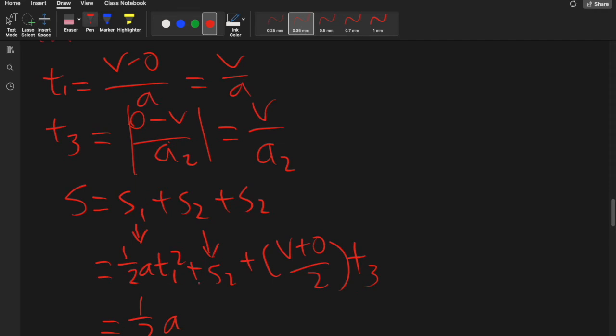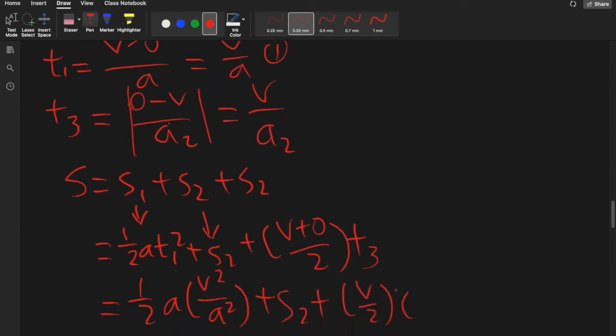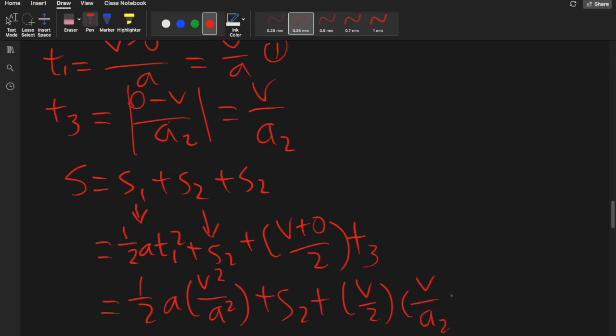Because we don't want t1, since this is what we are solving for, we are going to plug in this equation here. So a half times a1 times (v squared over a1 squared), plus s2, plus v over 2 times t3, so v over a2.